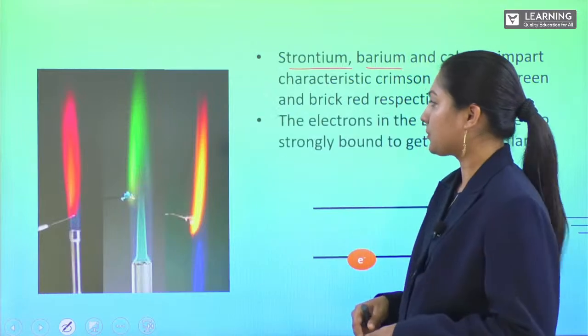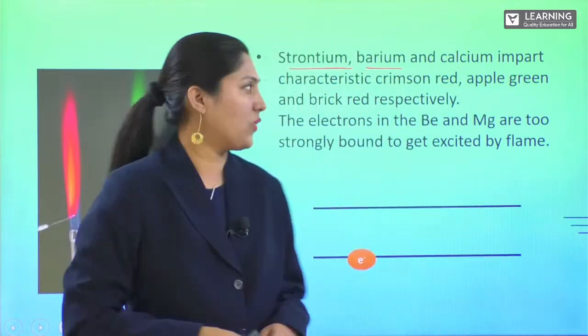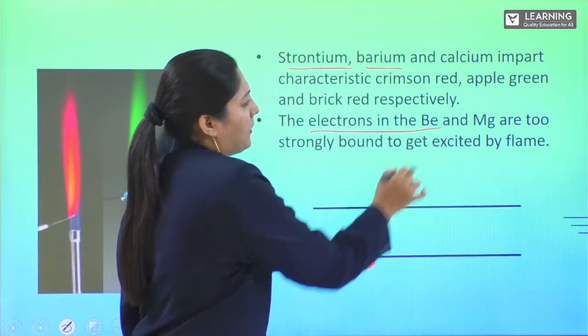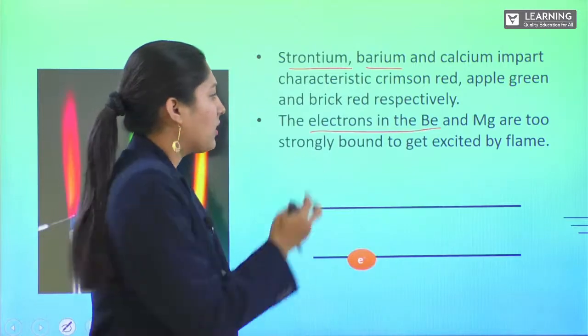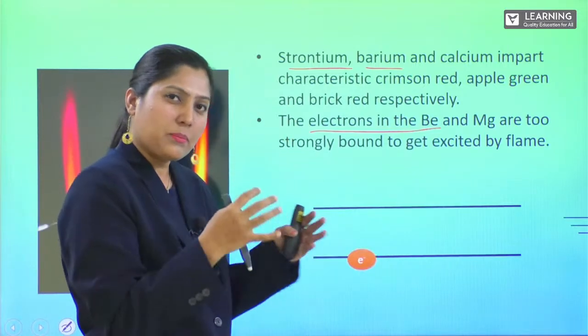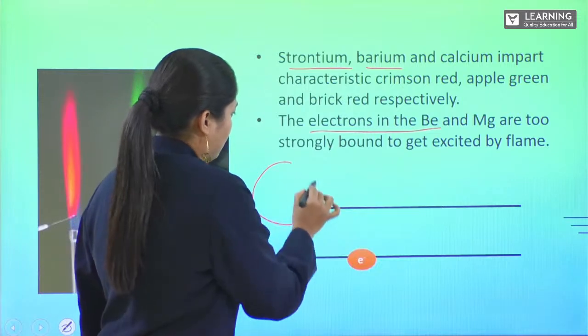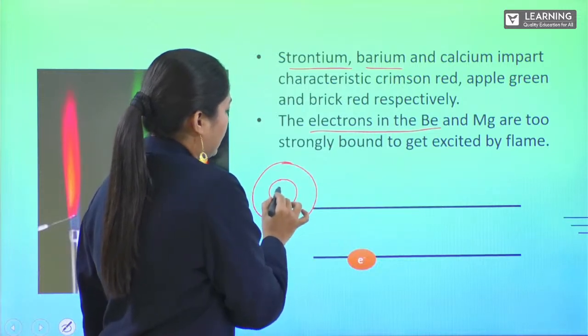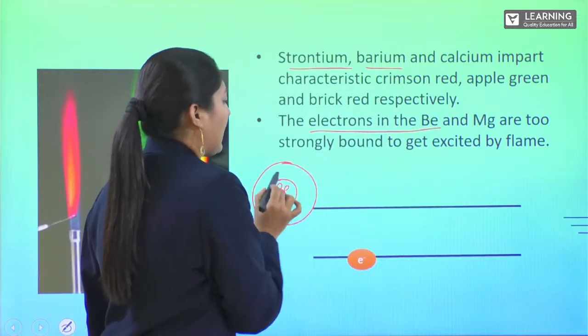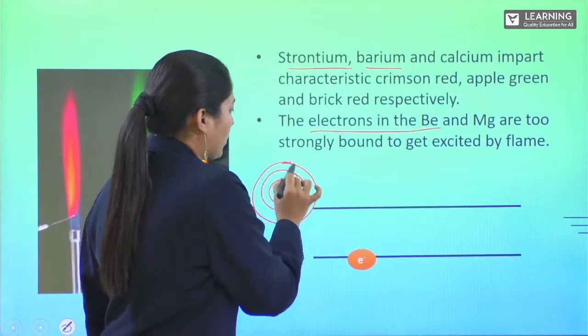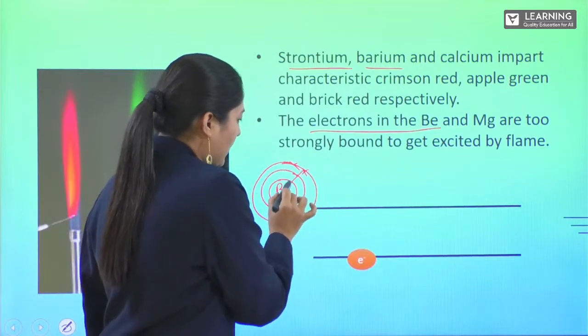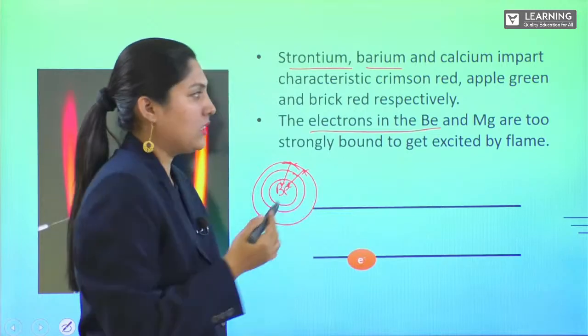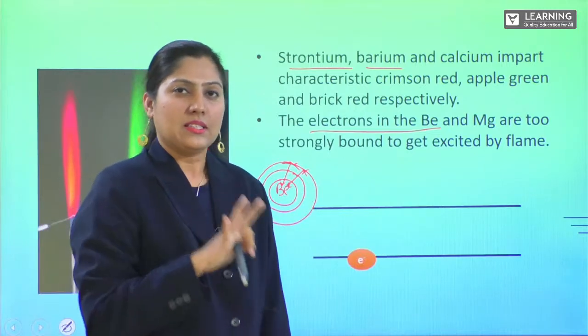Okay. So the electrons in beryllium and magnesium are very closely held in the atom. If I take beryllium, it has only 2 orbits, so the outermost electrons are very close to the nucleus. Similarly, magnesium has only 3 orbits.